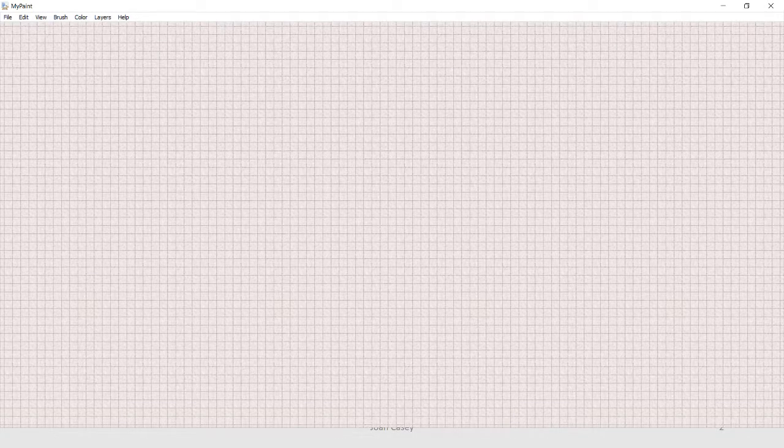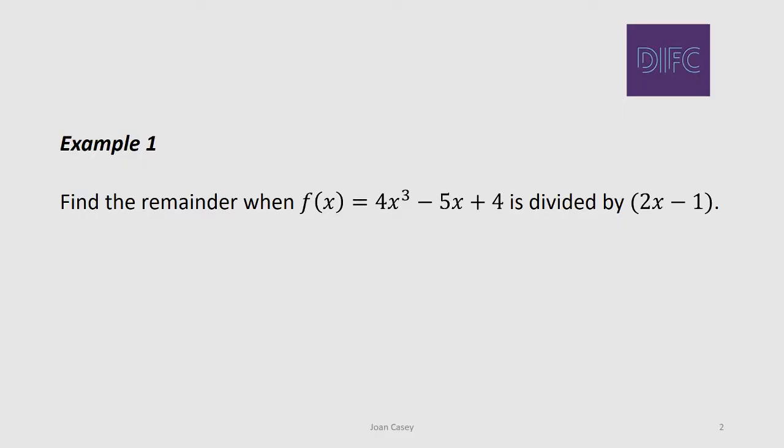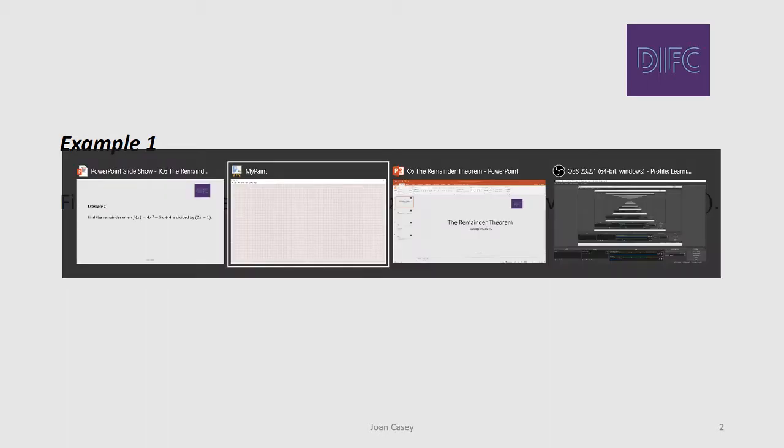So the example we have, okay, so we want to find the remainder when f of x equals 4x cubed minus 5x plus 4 is divided by the linear factor 2x minus 1.